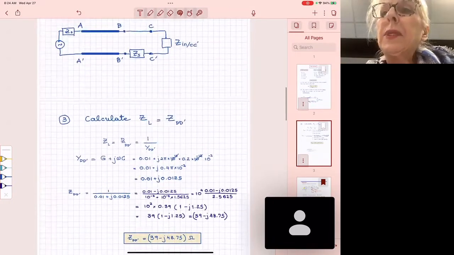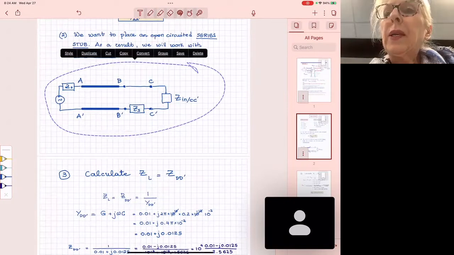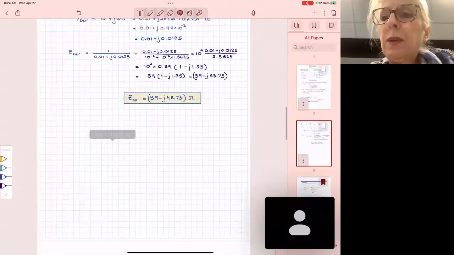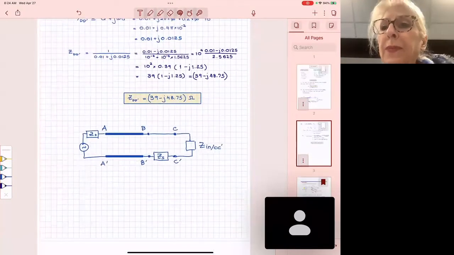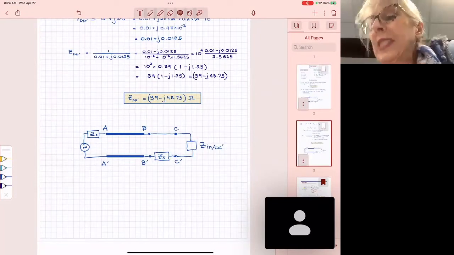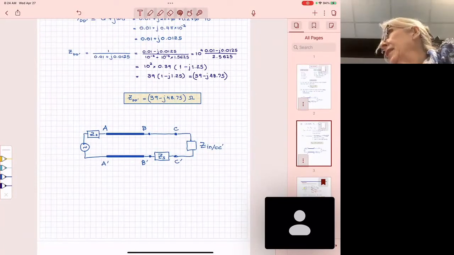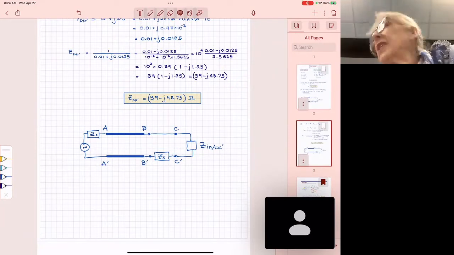Cut. Because it's not going to allow me to change it. Copy. Paste. Okay, so now that I've done this, I found Z input. I need to transfer Z input at D. So Z L, I need to transfer Z L to C and C prime.